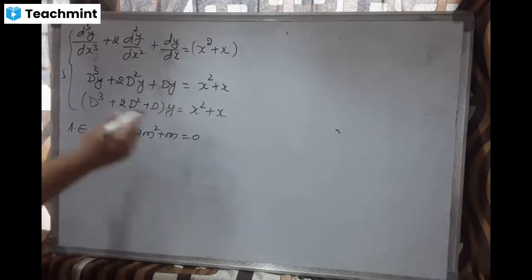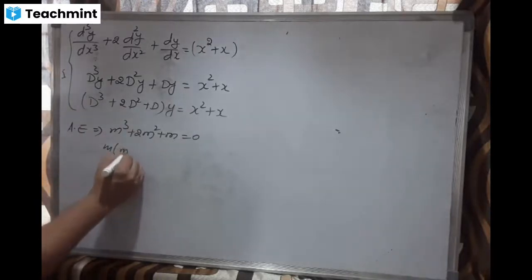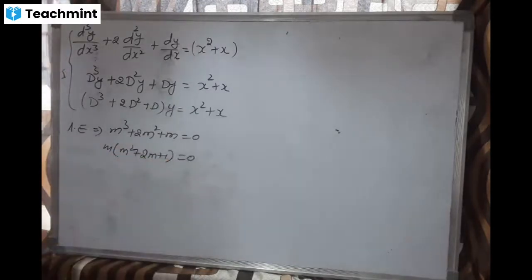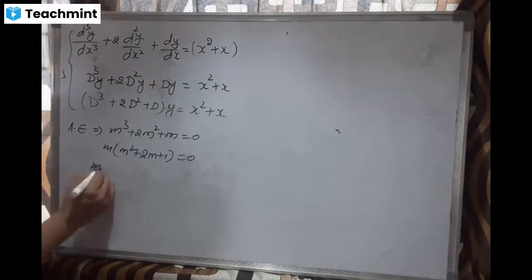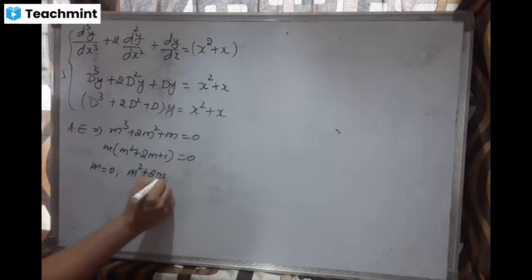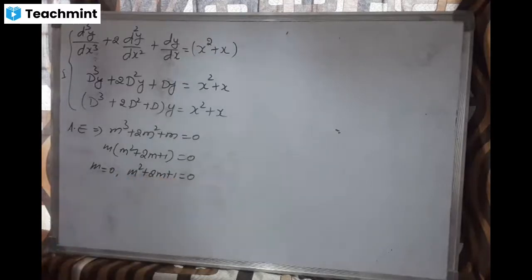Take m as common here, all the things remain like this, you can check it out. Right? That means I can say that either m is equal to 0 or m square plus 2m plus 1 is equal to 0. Now one of the roots I have got. Now solve this. Right?